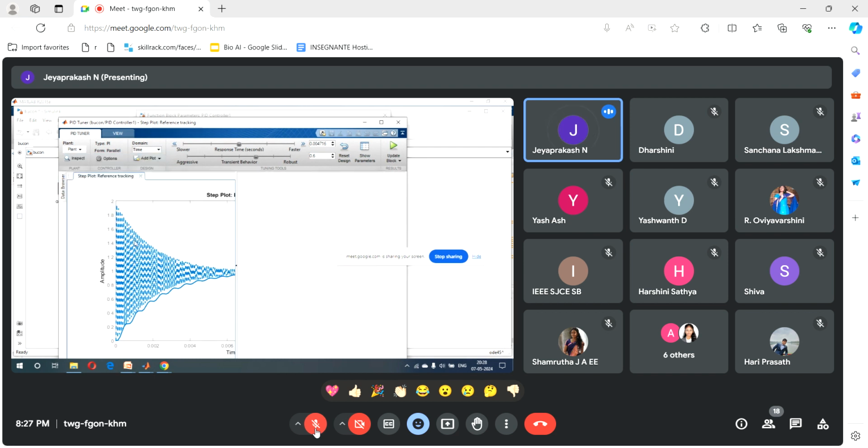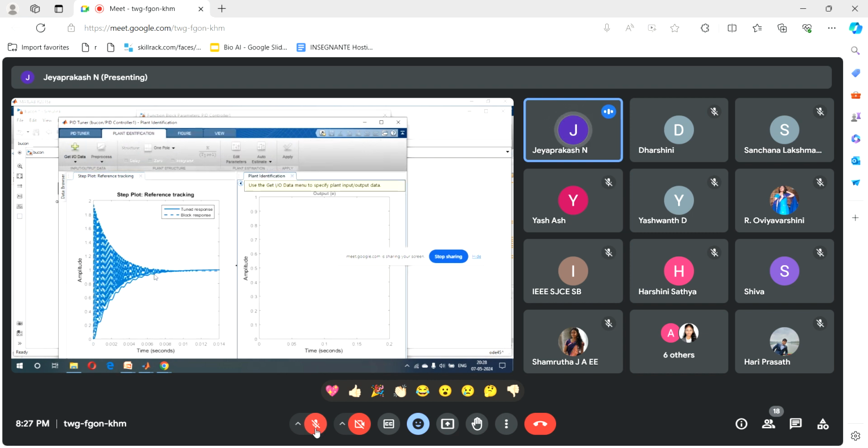I am going to take a new system. I have no need of this oscillation; we need a smooth one. So for that purpose I am taking the new one. We have already simulated it, so I am getting that simulated value.